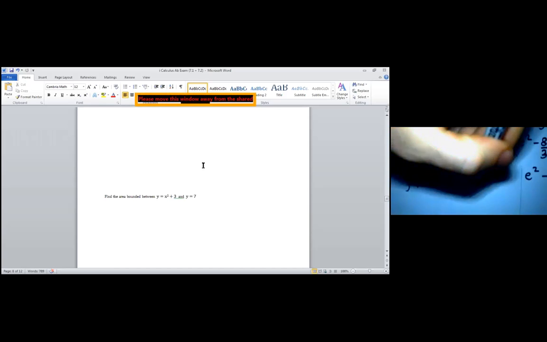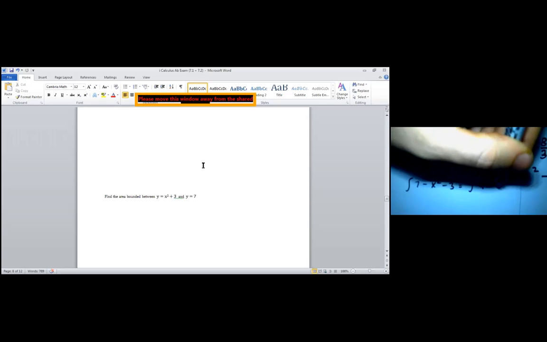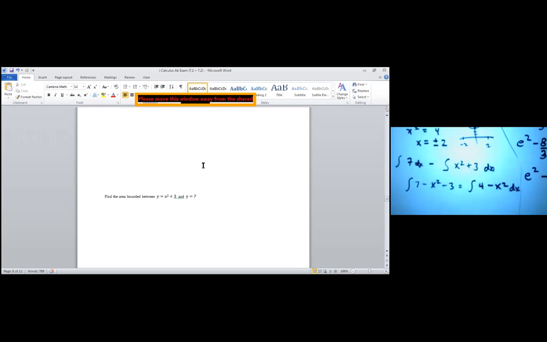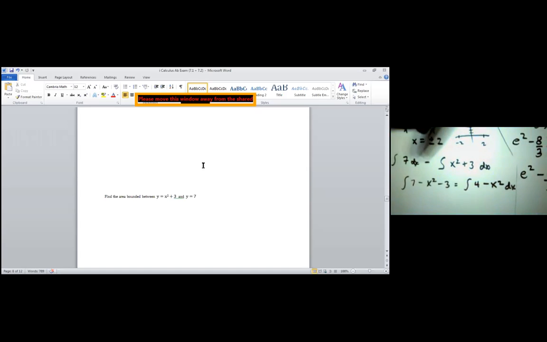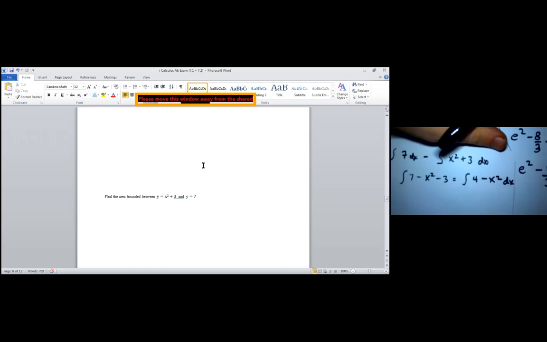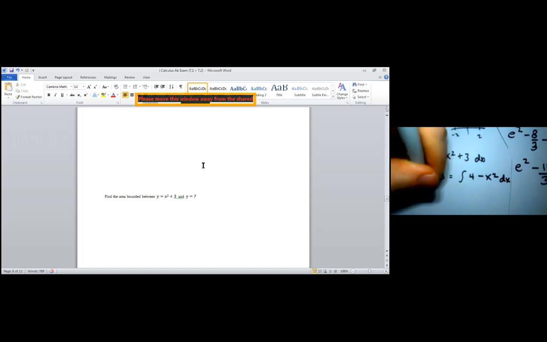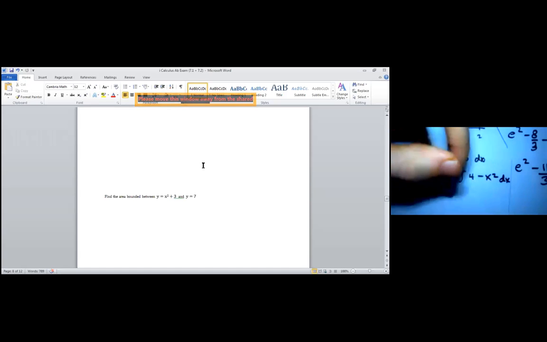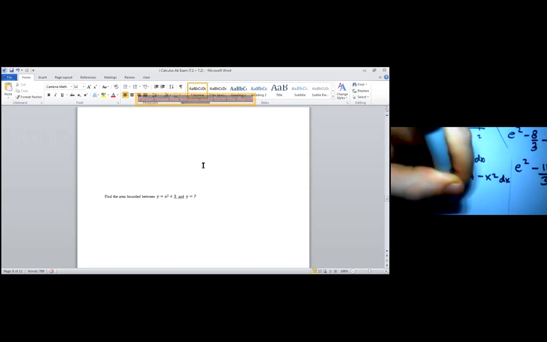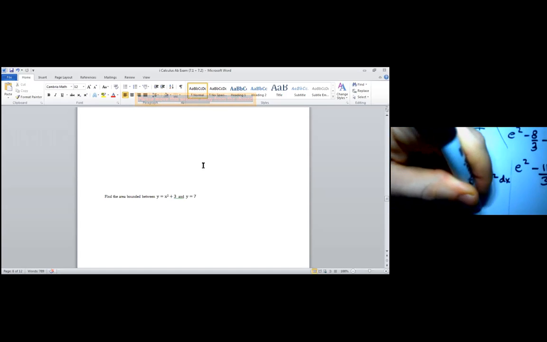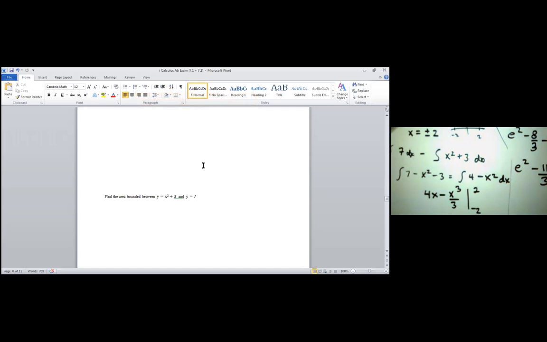That's really 4 minus x squared when you combine the like terms of 7 and 3. After that, now we're finally ready to integrate. So that's going to be 4x minus x to the third over 3 from -2 to 2.